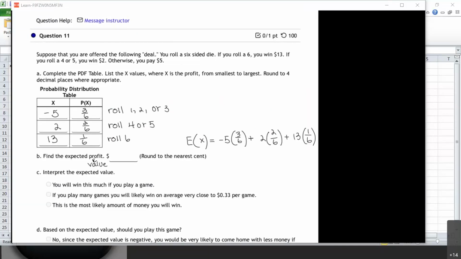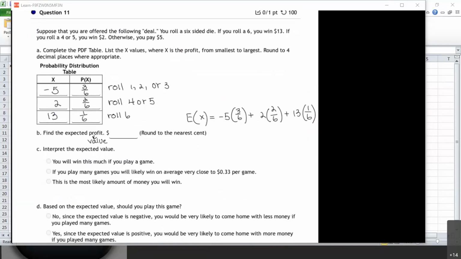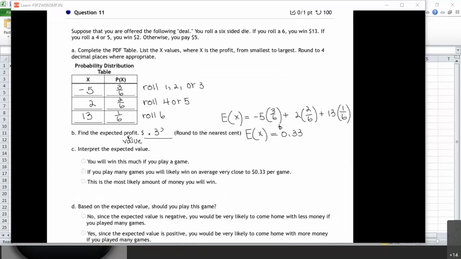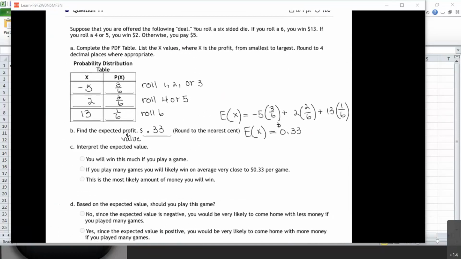That's something I'm going to do on a calculator. If I do that, I should get a positive expected value of 0.33. So 0.33 would be what I would put in there.